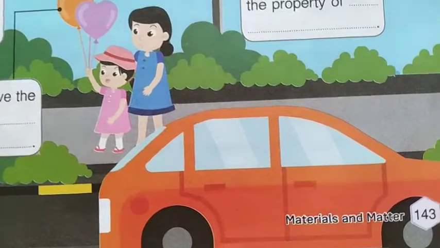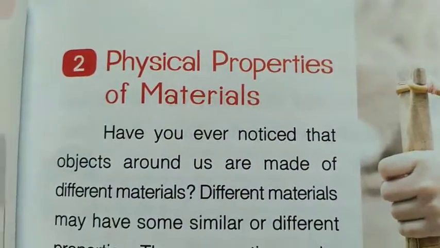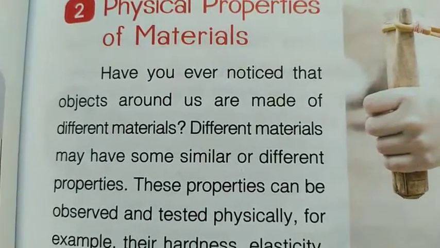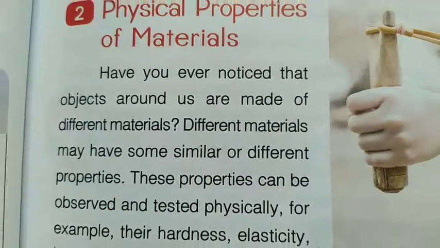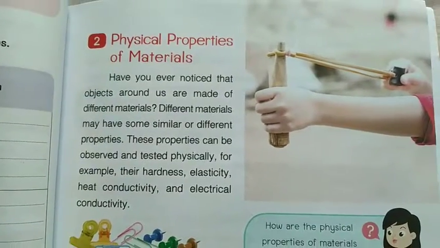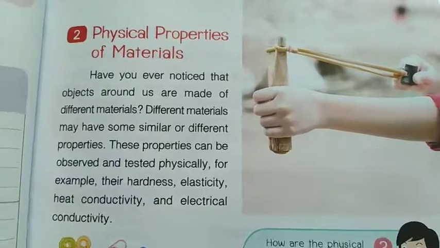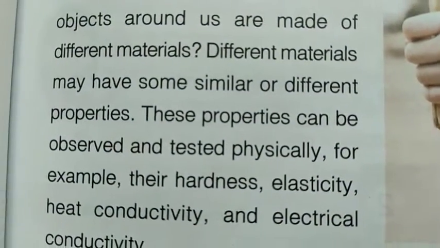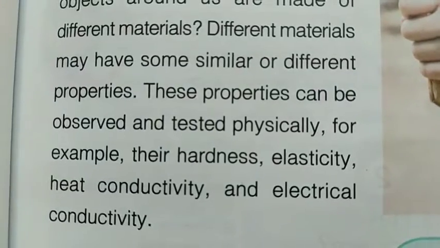On page 143, you will see here about physical properties of materials. Have you ever noticed that objects around us are made of different materials? Alright? And so different materials may have some similar or different properties.